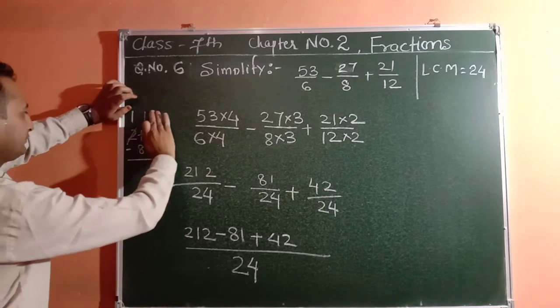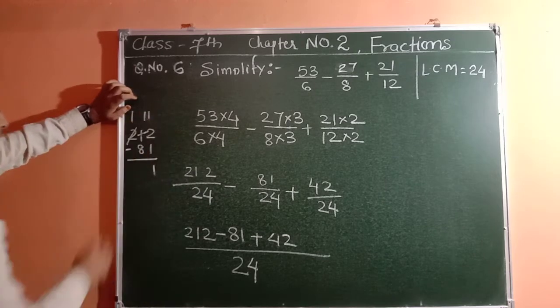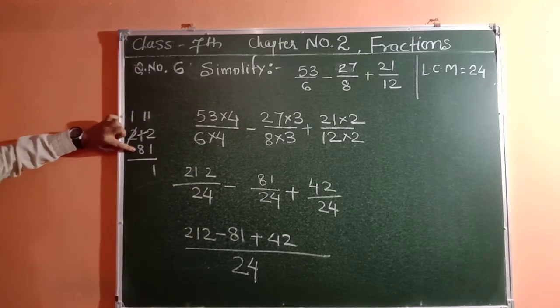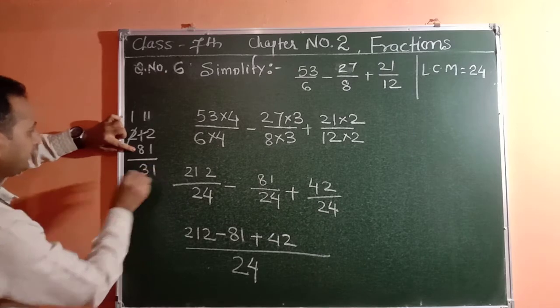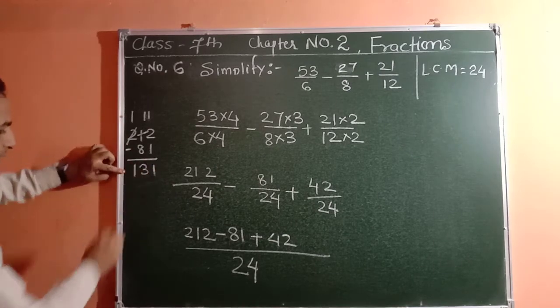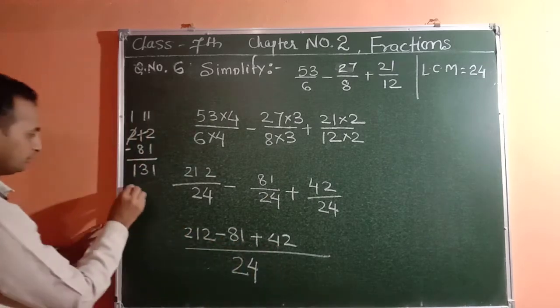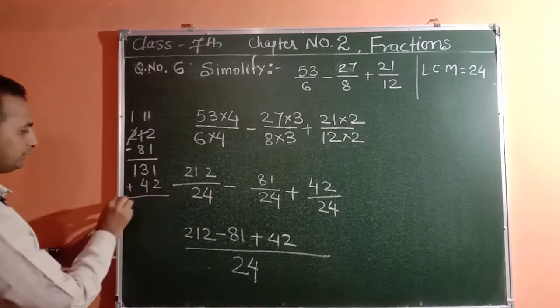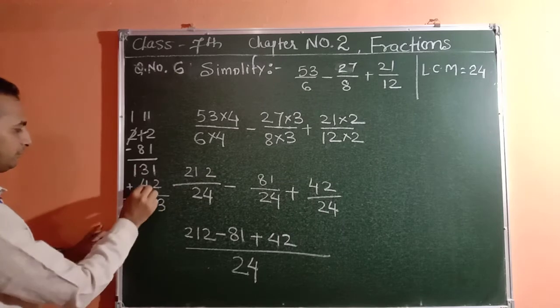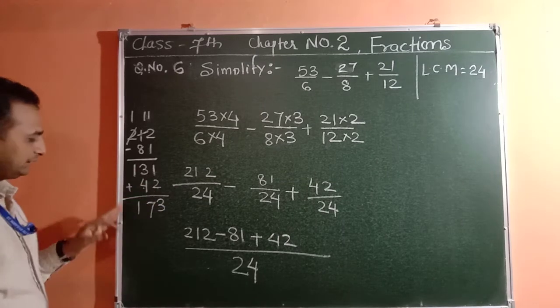Sorry, 11. 11 minus 8 is 3, and 1 as it is, 131. 131 plus 42: 2 plus 1 is 3, 4 plus 3 is 7, and 1 as it is, 173.